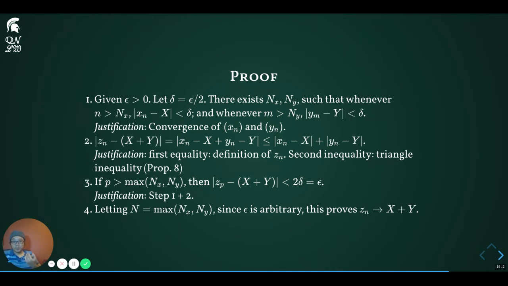For those of you who don't remember, this is listed as proposition 8 on the usable formula sheet. Grouping x sub n together with capital X and y sub n together with capital Y, we arrive at the upper bound that the distance from z sub n to capital X plus capital Y is less than the sum of the distances from x sub n to X and y sub n to Y.